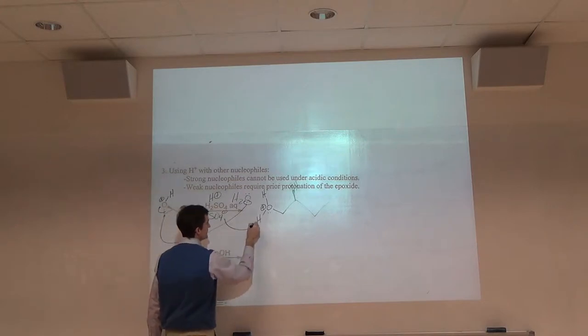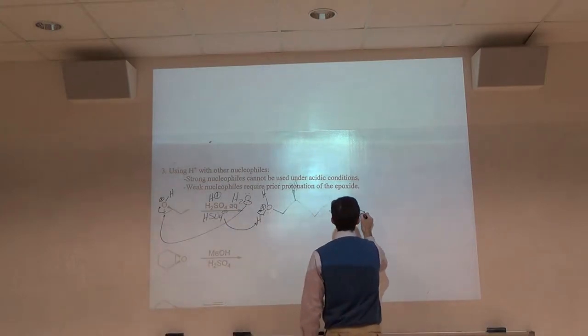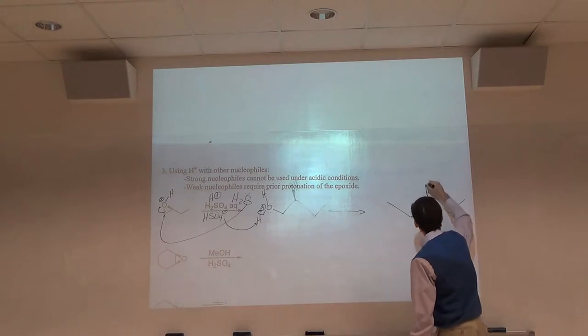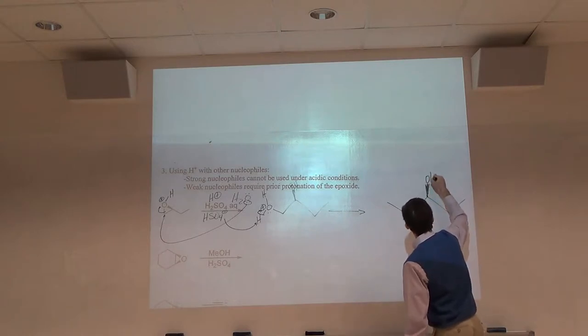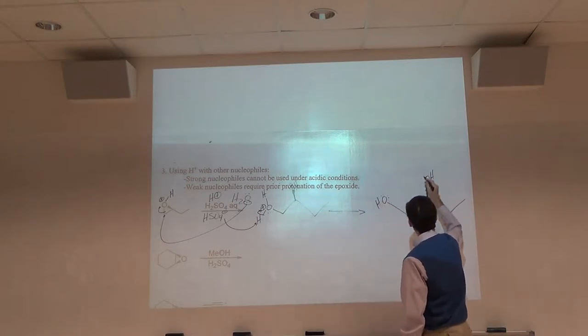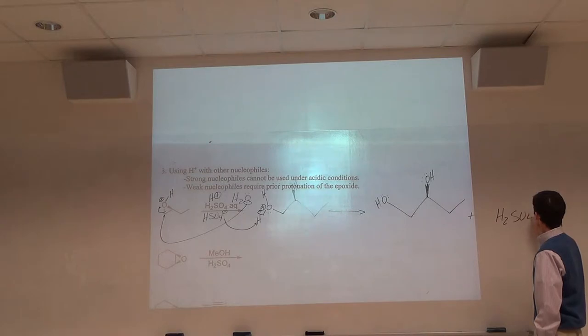It's okay to just do this. This takes the H, these electrons stay behind. What do we get? We just get our product, which is OH. OH plus what? H2SO4 reformed.